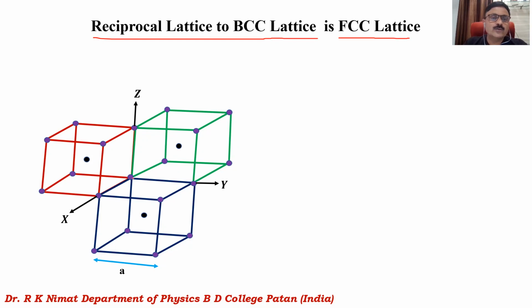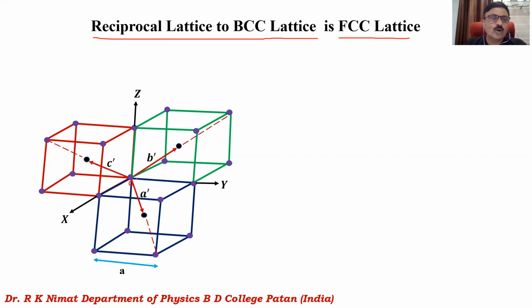If you consider this as a body centered atom, the nearest neighbors to this atom will be these corner atoms, and in this way we will construct the primitive unit cell of this body centered cubic lattice. For that, we'll draw the vectors from this point to these body centered atoms like this.